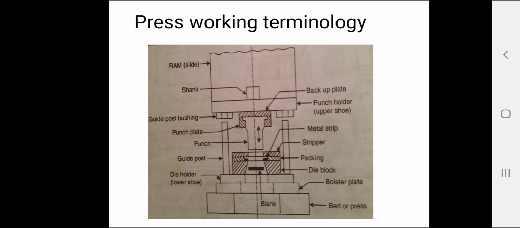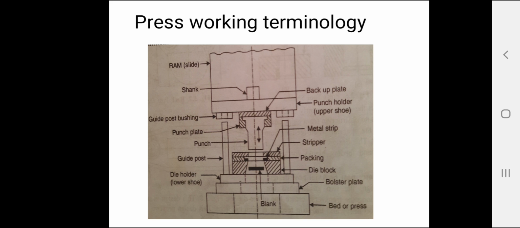Then the die set. It is a unit assembly which incorporates a lower and upper shoe, 2 or more guide posts and guide post bushings. Then the die. You can see the die.